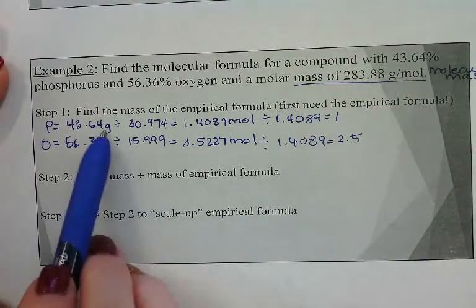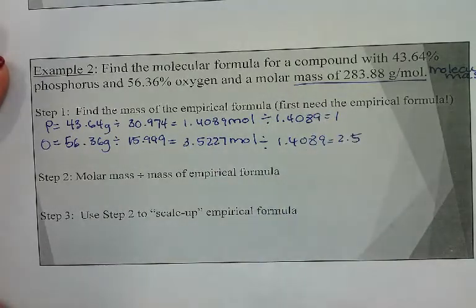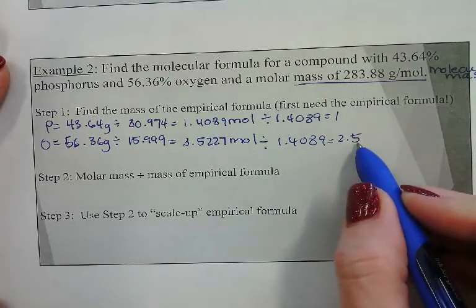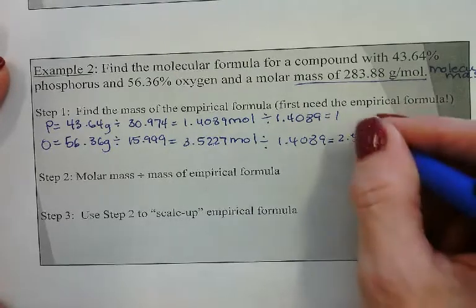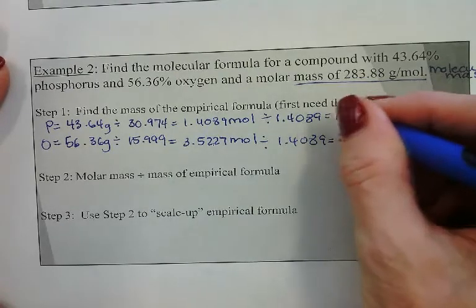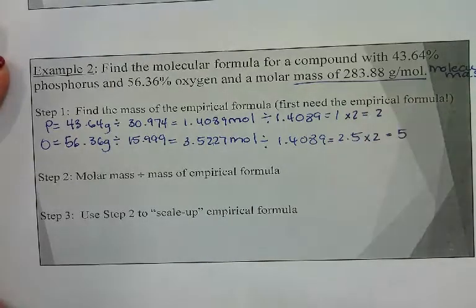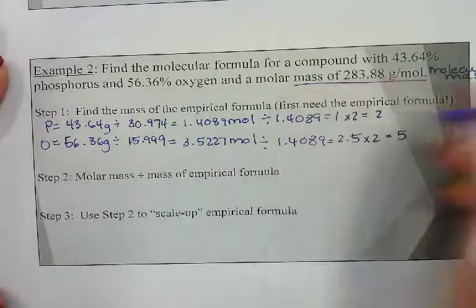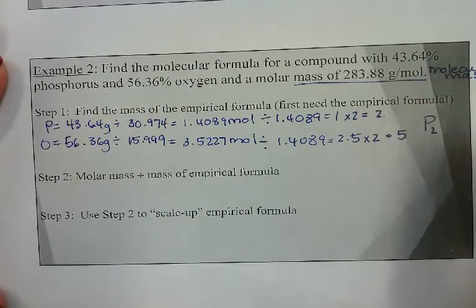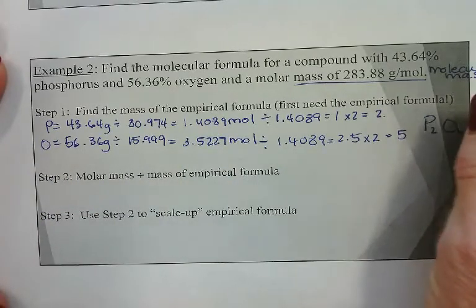Okay, so we went percent to mass, mass to mole, divide by smallest, then make whole. That's not a whole number. What number do I need to multiply that by to make it a whole number? 2. So I'll need to do it to that one also. Okay, these are my subscripts. So phosphorus has a subscript of 2. Oxygen has a subscript of 5.